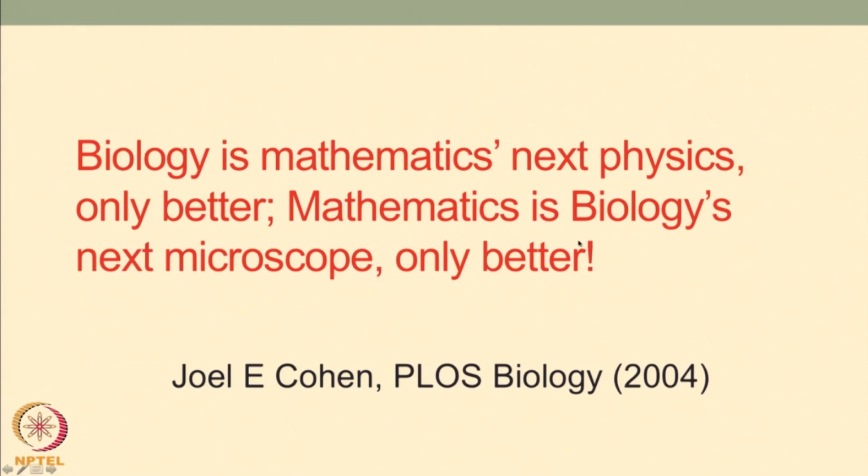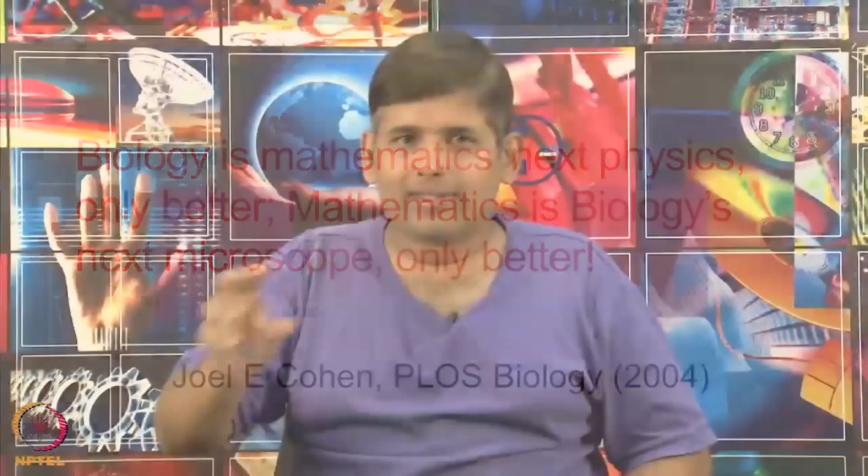So let us understand these two parts, because it will help us understand why this statement was made. First, biology is mathematics' next physics, only better. This refers to something we said about the development of mathematics. Physics contributed immensely back to mathematics itself.